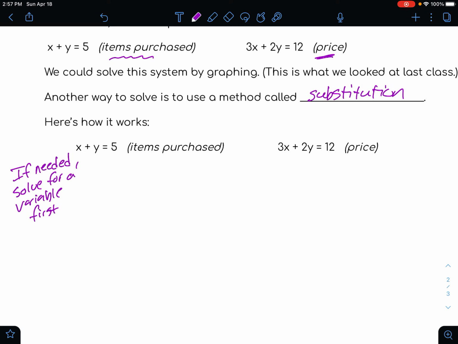So I'm going to subtract that x over to the other side of the equation so that I can cancel it out from the left side, and I have y equals 5 minus x then.